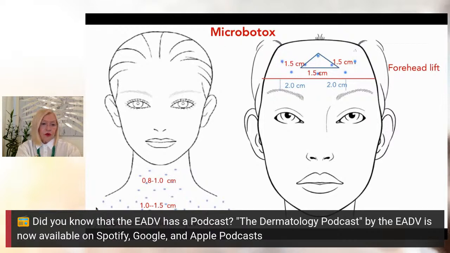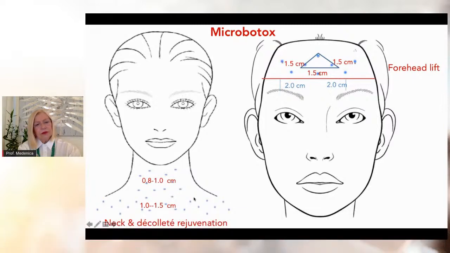If you rejuvenate the neck or décolleté, you can use a little bit lower interval, 0.8 to 1 centimeter, and go to intradermal depth 2 millimeters, angle 30 degrees, very tiny needle, and go up to 2 millimeters. The point is the blanching papule.